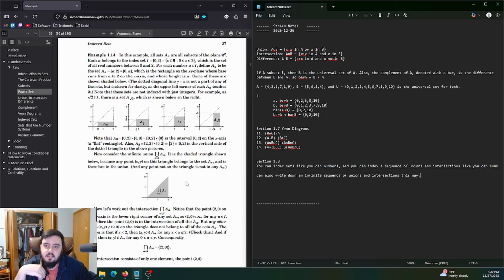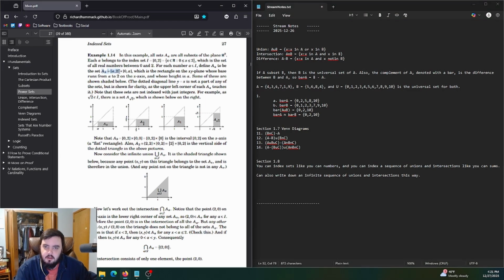In this example, all sets A sub alpha are subsets of the plane R squared. Each alpha belongs to the index set I equals (0, 2), which is the set of all real numbers between 0 and 2. Note that these sets are not indexed with just integers. For example, as root 2 is in I, there is a set. Okay, and what is each of these?